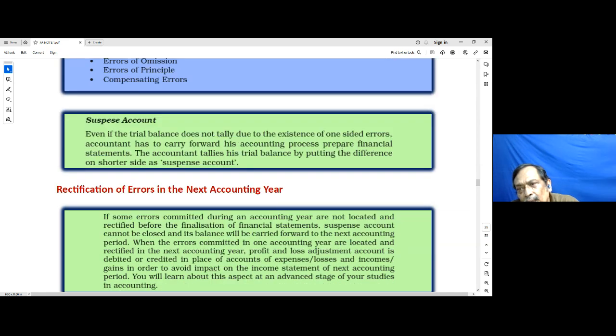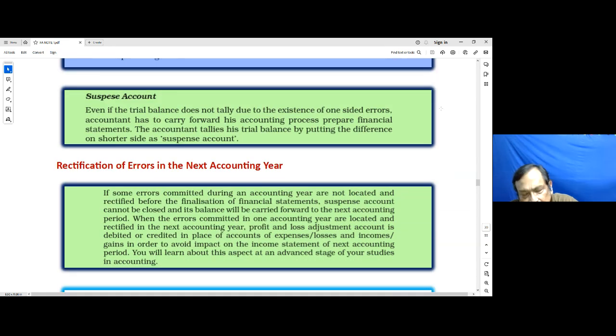Then there is a concept called suspense account. What is that? Even if the trial balance does not tally due to the existence of one-sided errors, the accountant has to carry forward his accounting process and prepare financial statements. The accountant tallies his trial balance by putting the difference on the shorter side as suspense account.